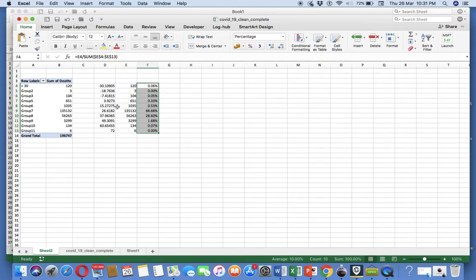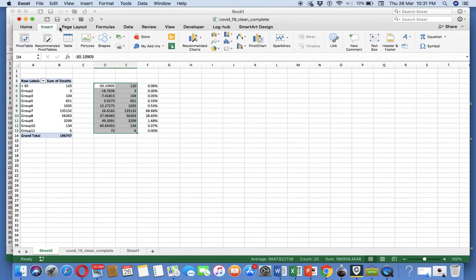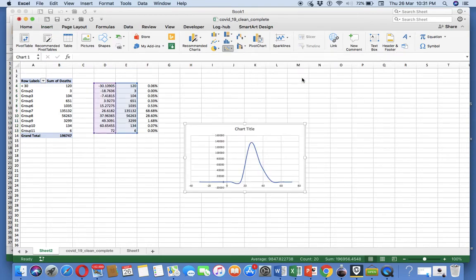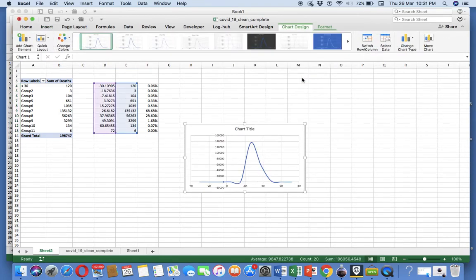So less, and you find from this that it is in this latitude, between 15 and 26 degrees latitude, that the death is the highest. So this is the information that you want to derive from a distribution which you could not have done either way. So if I take a plot of this data, I go to insert and I go to this option, and it gives me a nice peak distribution.